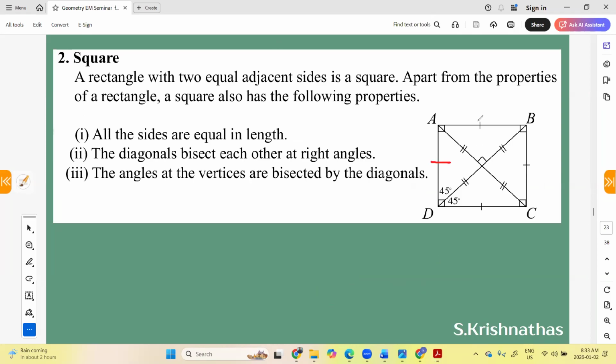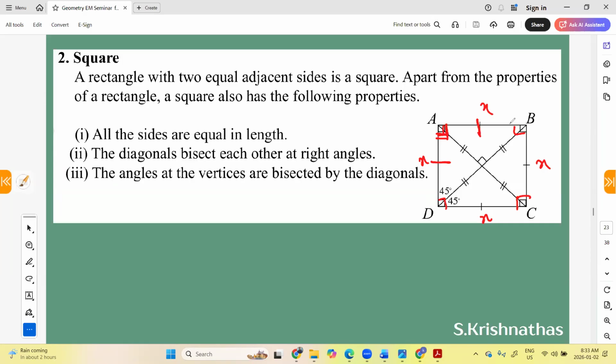Adjacent sides equal and one angle a right angle. If adjacent sides are equal, x, x, x, x, that is a rhombus. But if you mention one angle is a right angle, then all angles are right angles. So that is a square.